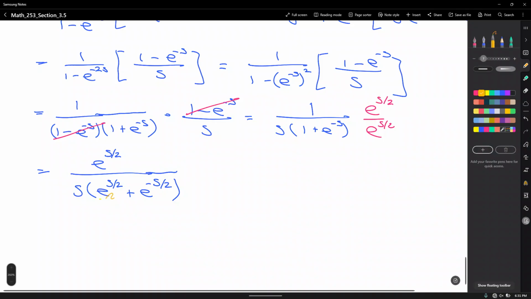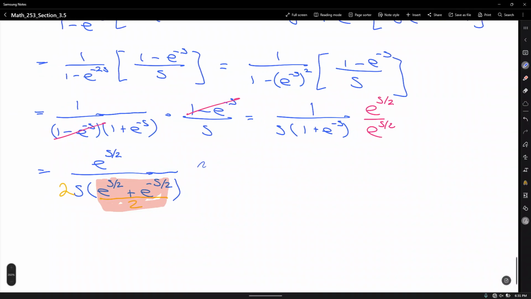To have a complete hyperbolic function, we can make our wish come true. Just divide and multiply. And guys, here is our hyperbolic function.